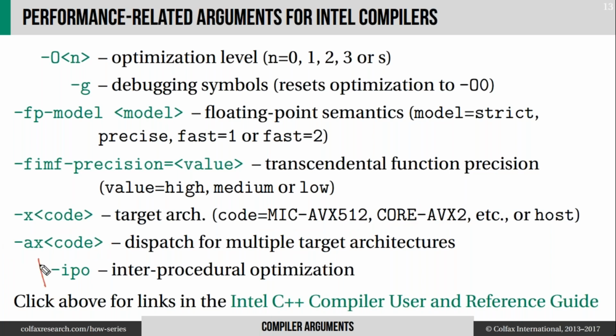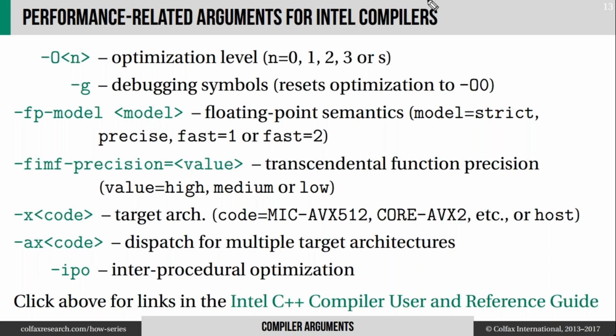I have not mentioned, and unfortunately I don't have time to talk about, interprocedural optimization. But if you use this argument, the Intel compiler will build very thick object files, which will allow it to do advanced optimization at the link stage. It really makes compilation longer, but you may get better optimized code.